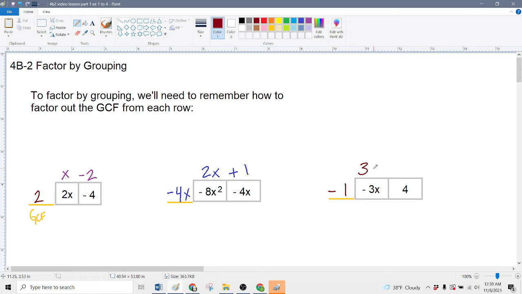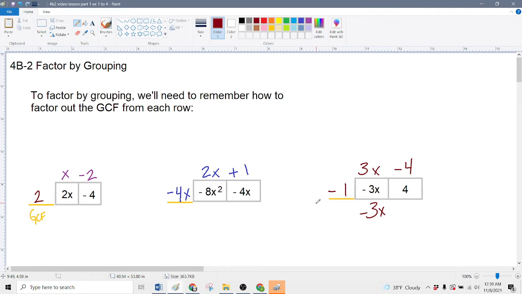Well, 3x. How about here? Well, we need to get back to a positive. This guy's a negative, so we're going to have to go negative 4 there. And we can always multiply, and we can see, well, yep, 3x times negative 1, negative 3x. Negative 4 times negative 1, positive 4. And that's exactly what we needed.